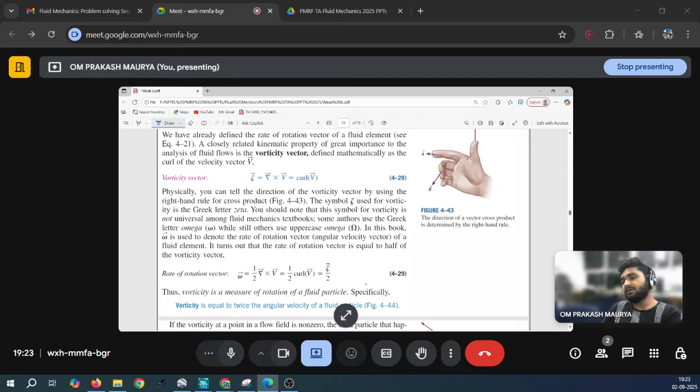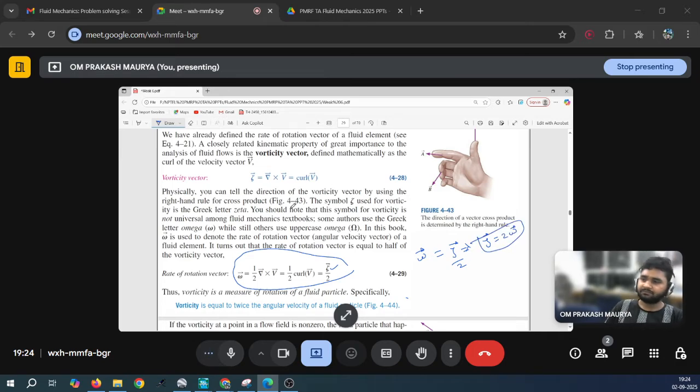Here you can see the final explanation: vorticity is equal to twice the angular velocity, where omega vector is half of the vorticity. So you can write vorticity is equal to 2 times the omega vector. This is your final explanation.